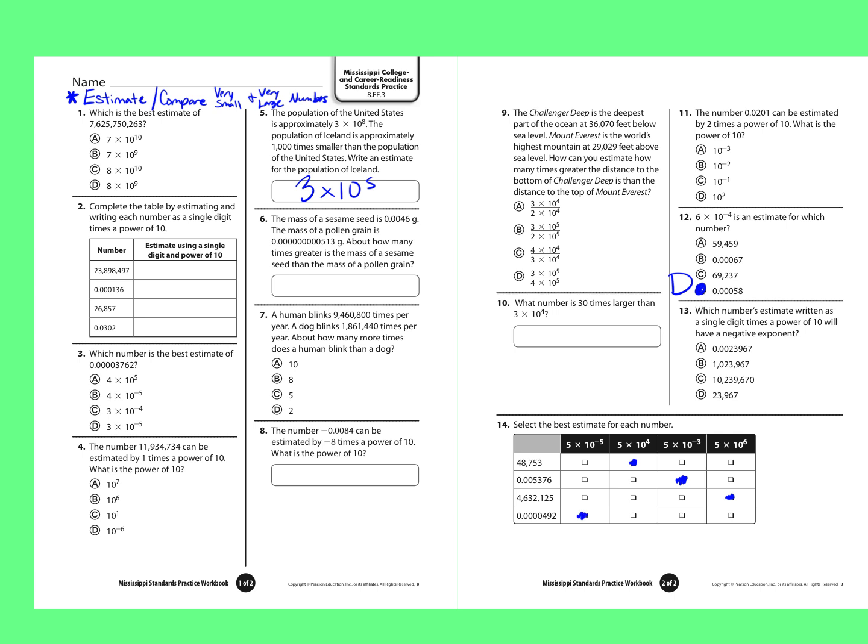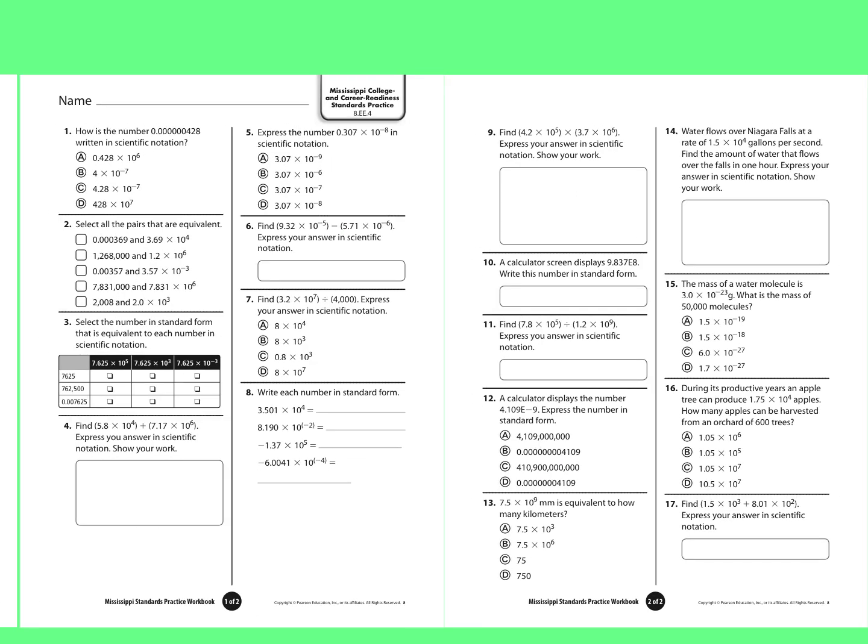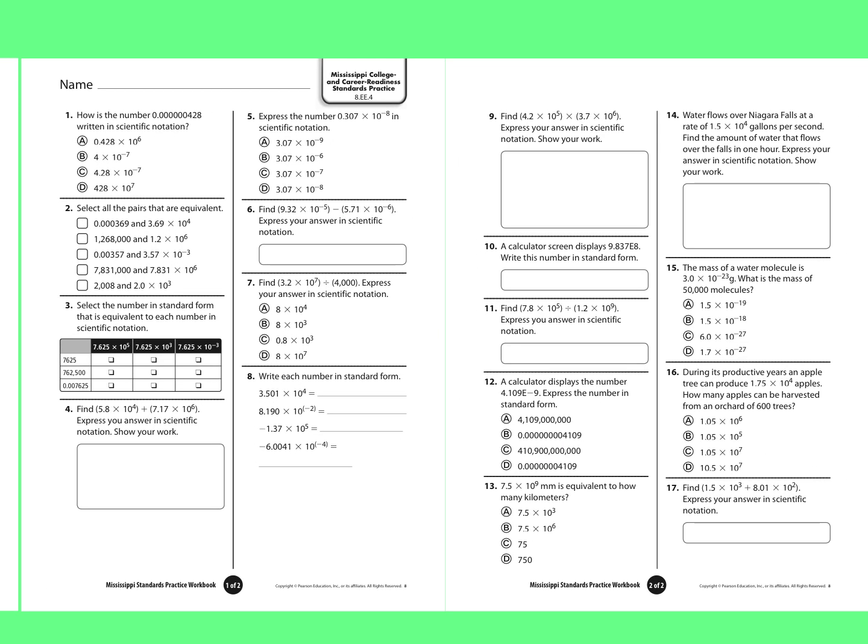Looking at our next page, EE4, number 3, the first choice is 7.625 times 10 to the 3rd power. The next is 7.625 times 10 to the 5th power, and the last is 7.625 times 10 to the negative 3rd power.